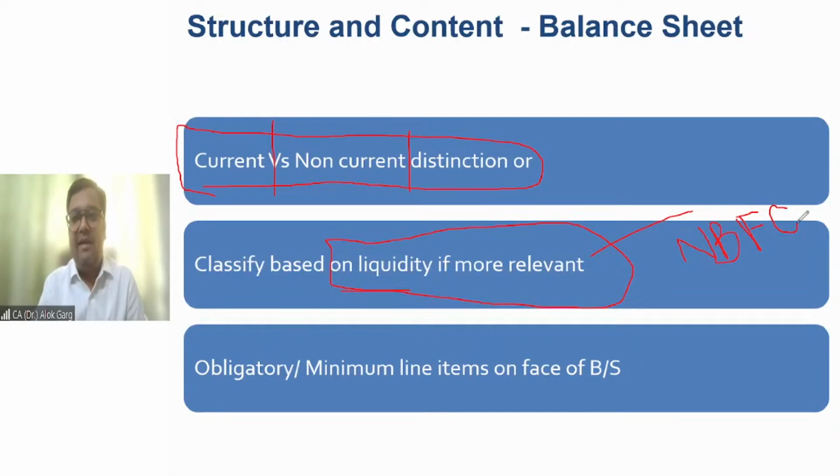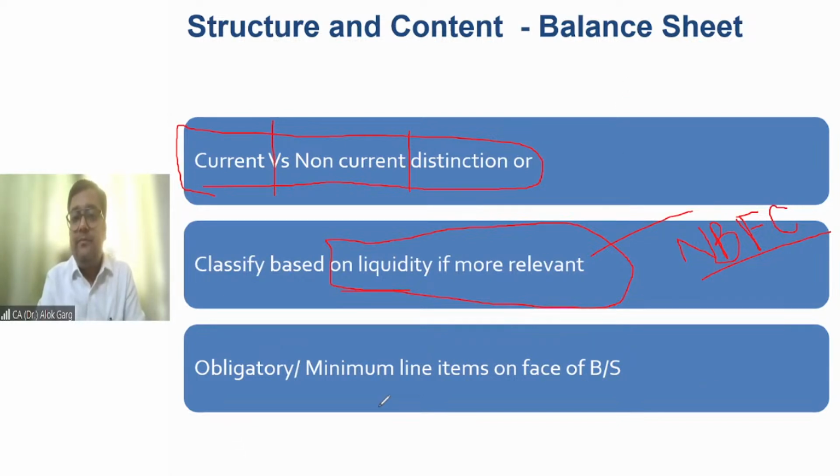That is why Division 3 of Schedule 3, which is applicable to NBFC companies following Ind AS, does not classify the balance sheet as current and non-current. It is financial and non-financial, meaning on the basis of liquidity. The 12 months and current and non-current split is required, but in the notes to accounts for NBFC companies. Is that clear, friends?